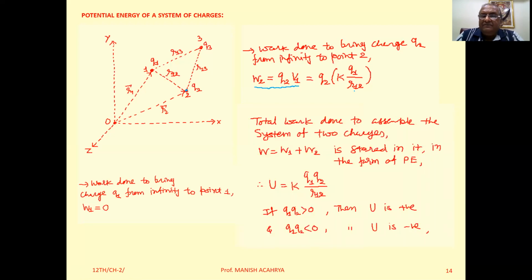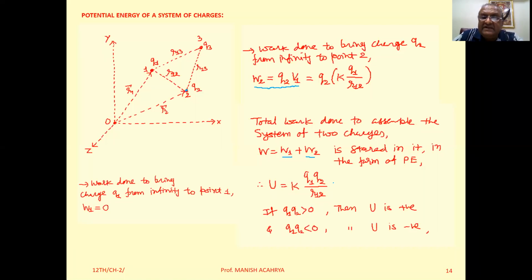Then after, we can say, now the total work done to assemble a system of 2 charges Q1 and Q2, that is W1 plus W2, and that work done will be stored in the form of potential energy. So we can write W1 is equal to 0, and W2, that we calculated, K Q1 Q2 upon R12.